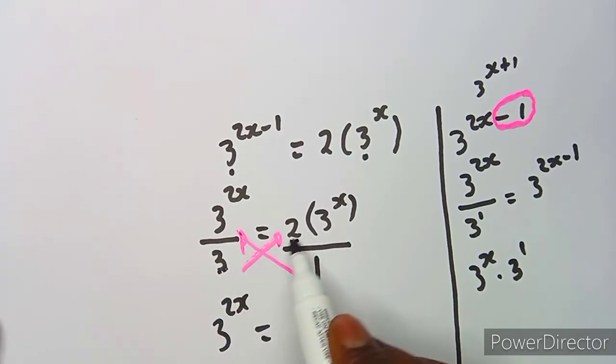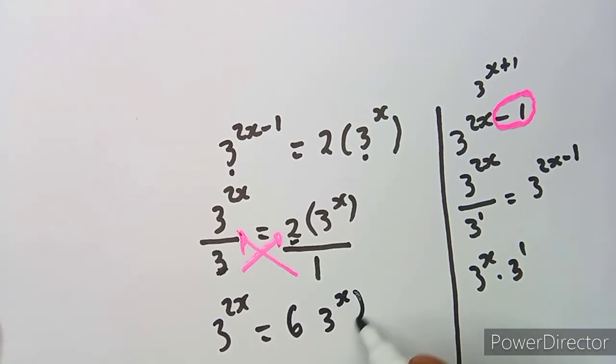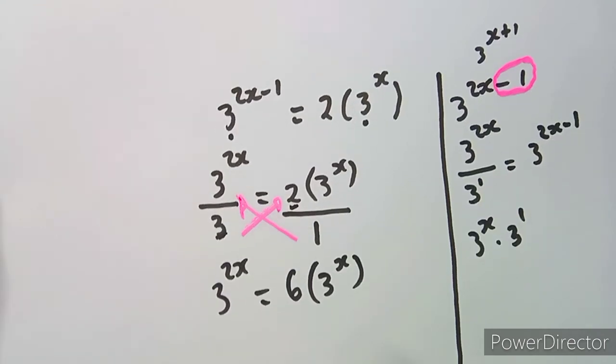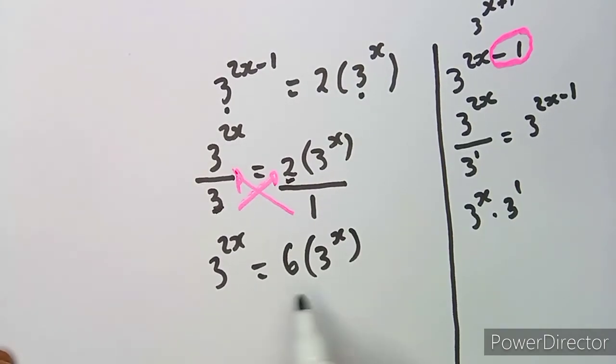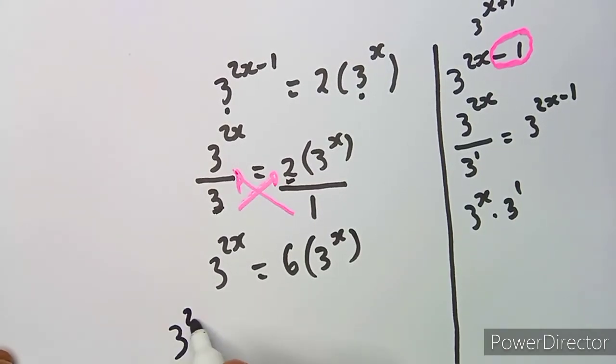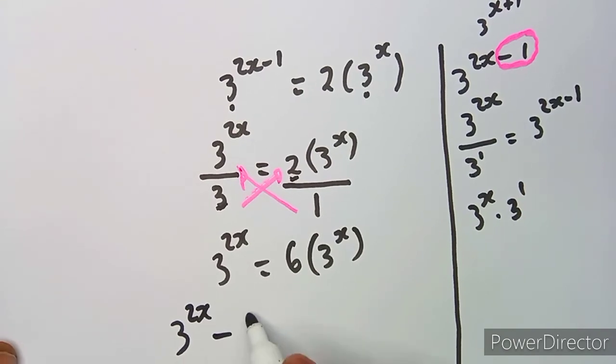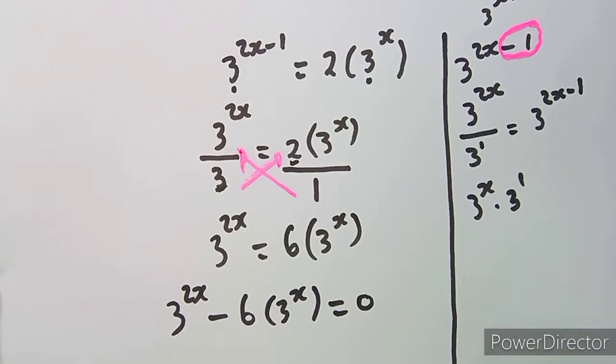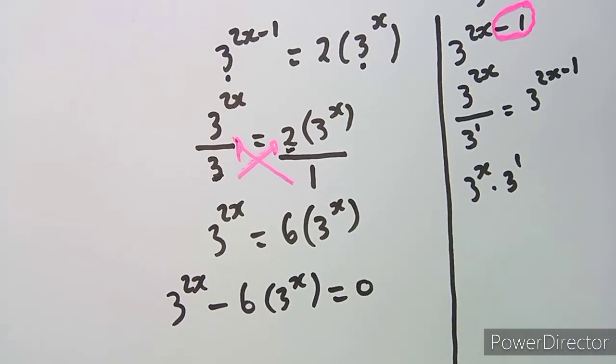These two numbers can multiply each other directly, which is 6 by 3 to the exponent of x, like this. Why am I writing like this? Okay, this is what is going to happen. Can we just take these terms to one side so that I can explain what is going to happen? Okay, so let's just transpose this. It's going to be minus 6 times 3 to the exponent of x, which is equal to 0, because we've taken this to the left hand side.